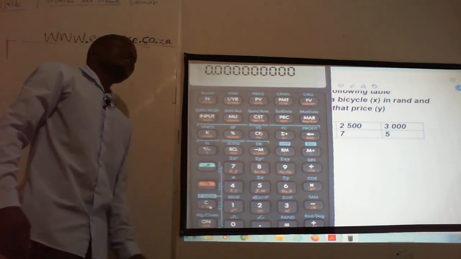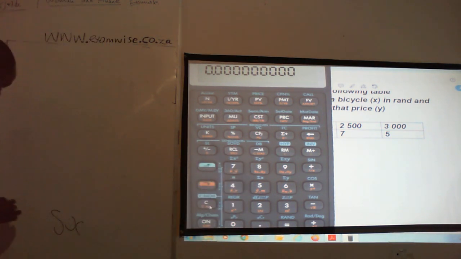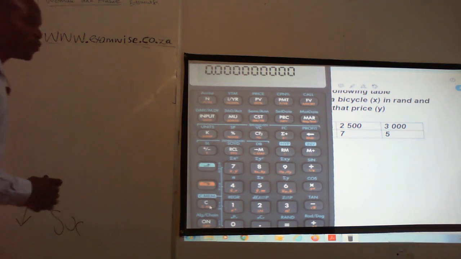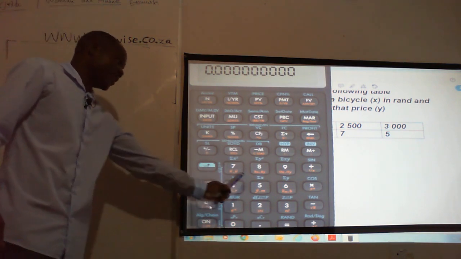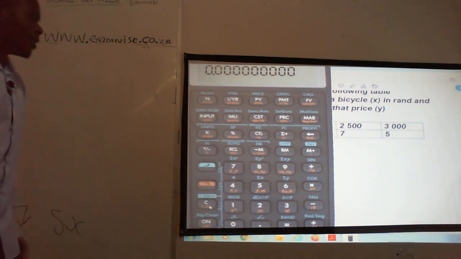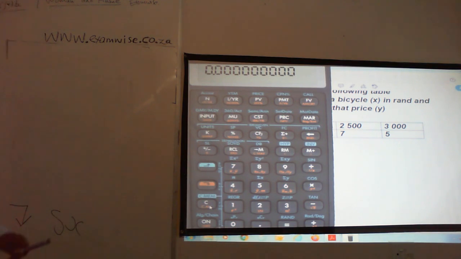But since our SX is in orange, we must make use of our down arrow. So since it is in orange, we make use of the down arrow.